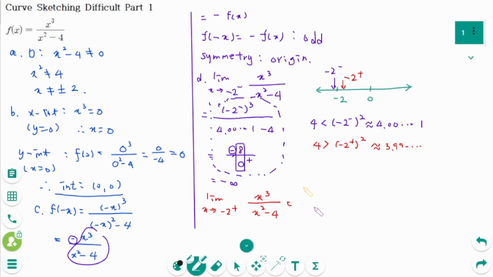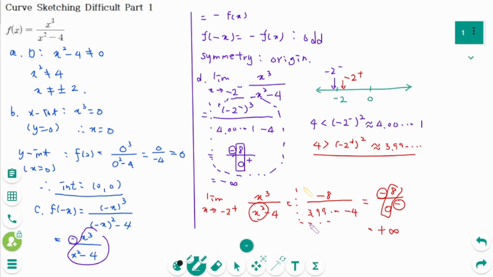Then back to the original, minus 2 from the right side cubed is minus 8 over x squared minus 4, that means 3.99999 minus 4. That means minus 8 over 0 from the left side. Then 8 over 0 is infinity. Negative times negative makes positive. And this part is only in our head. And the vertical asymptote is x equals minus 2.